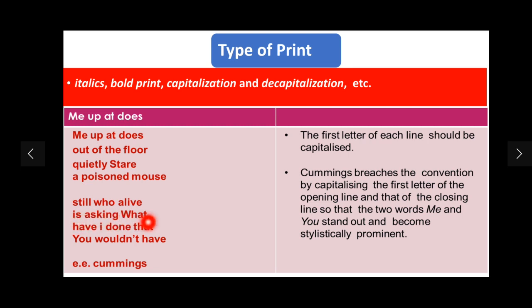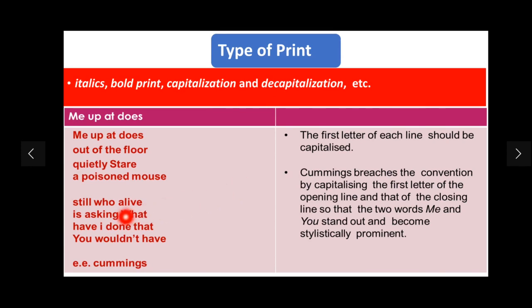So what is capitalized? Because you see there is emphasis. What have I done? And I refers to the mouse. That you wouldn't have, okay? And now the mouse is asking the poet, you wouldn't have.